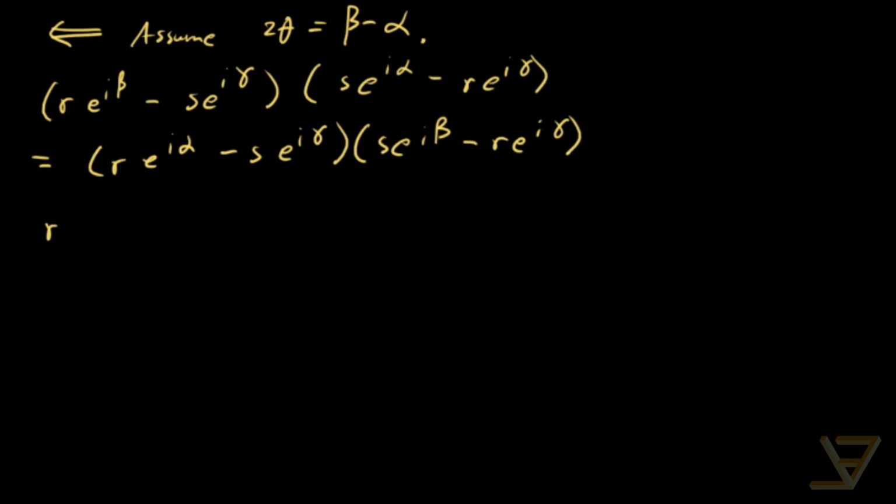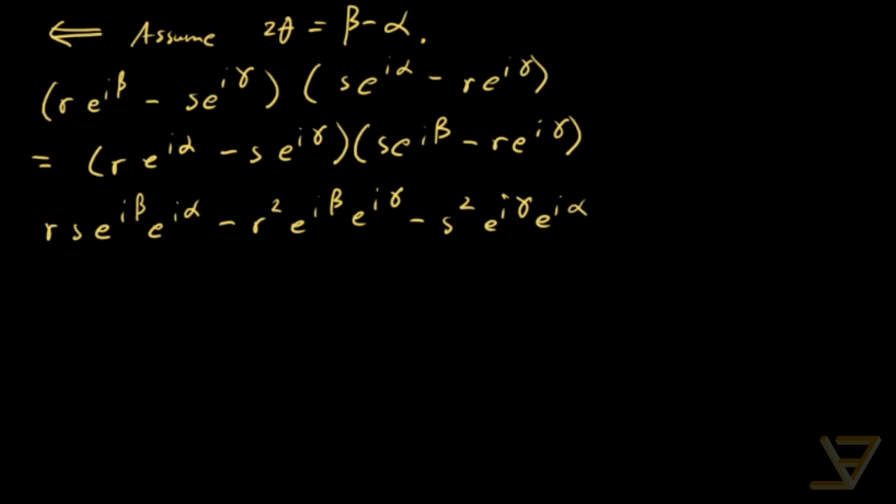So we get rs e to the i beta e to the i alpha minus r square e to the i beta e to the i gamma minus s square e to the i gamma e to the i alpha plus rs e to the i gamma e to the i gamma.